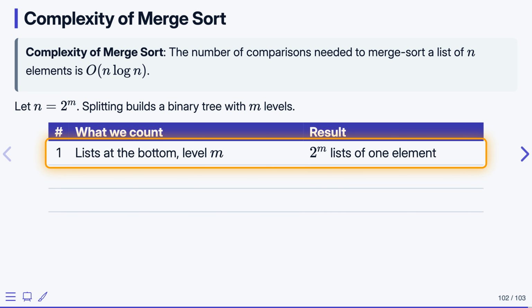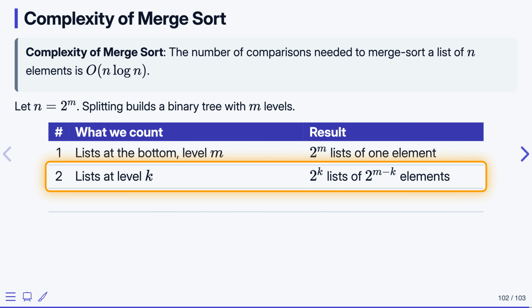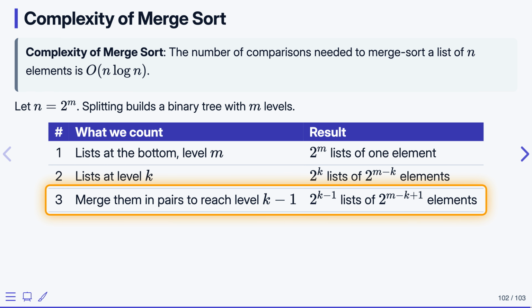At the bottom level m, there are 2 to the m lists, and each holds one element. Step 2. Look at any level k, there are 2 to the k lists there, and each holds 2 to the m minus k elements. Step 3. Merging those lists in pairs gives level k minus 1. Half as many lists, each twice as long.